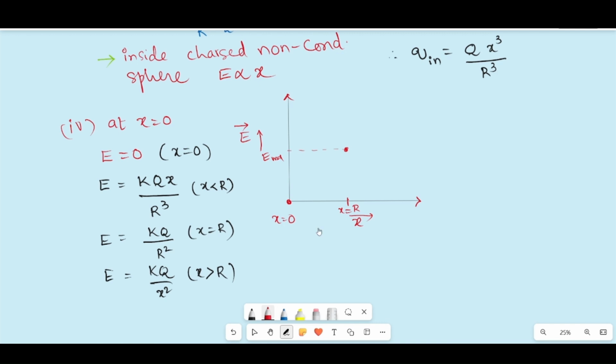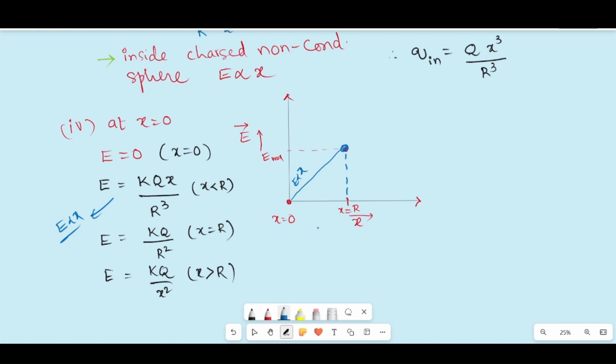Between x equal to 0 and x equal to r, from this equation, E is proportional to x. So the electric field intensity is varying linearly, and at x equal to r it is maximum.